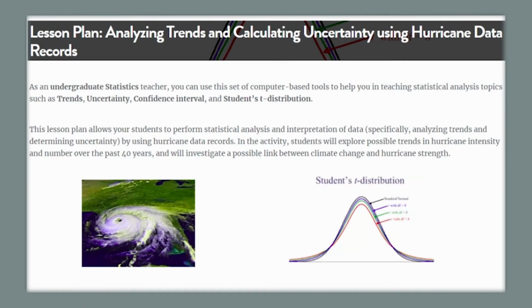In this lesson plan, your students can perform statistical analysis and data interpretation using hurricane data records. In this activity, they will be able to explore possible trends in hurricane intensity and numbers over the last 40 years and will investigate a link between climate change and hurricane strength.